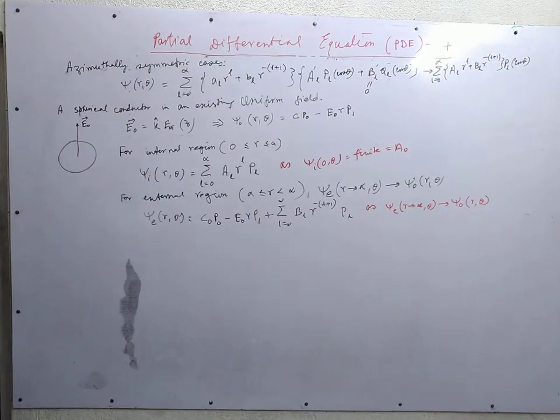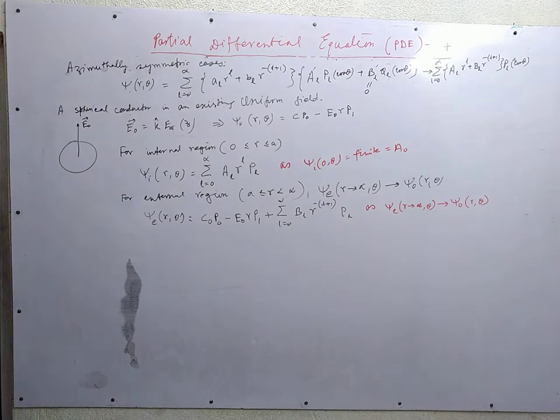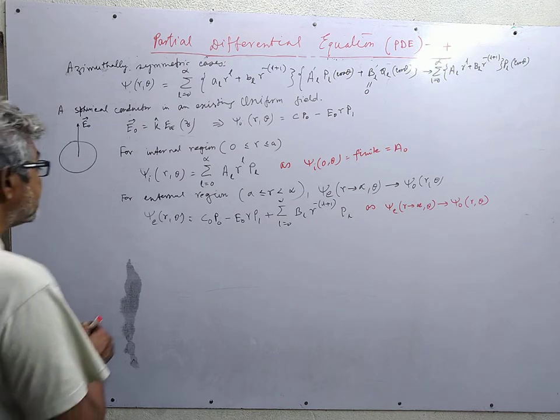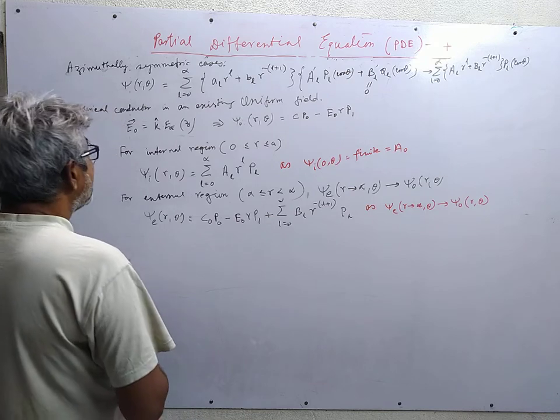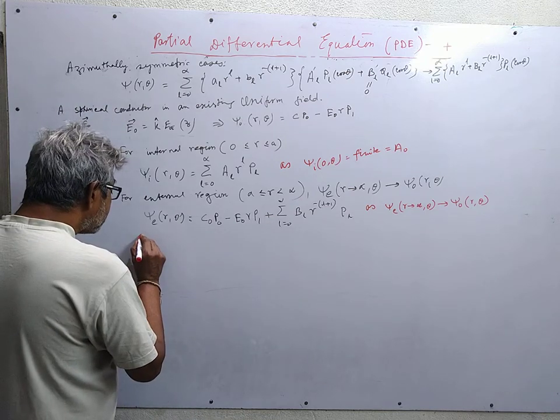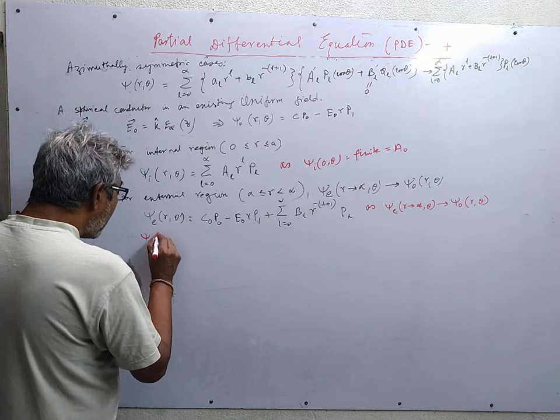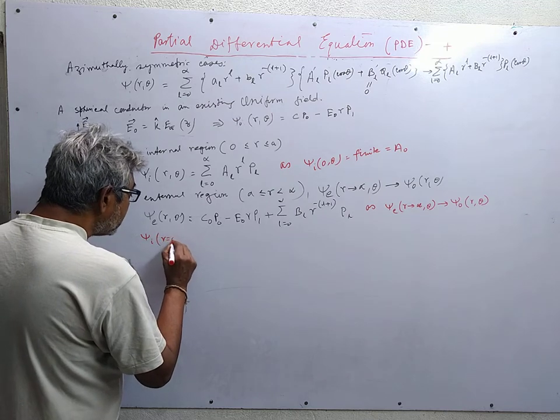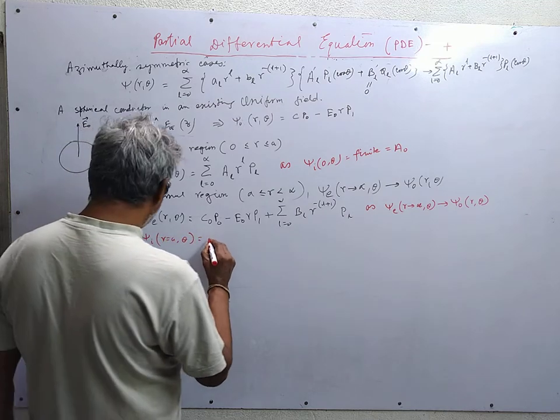Now we know that the potential matches on the surface. So the first boundary condition is that the potential is continuous at r equal to a, for all values of theta.